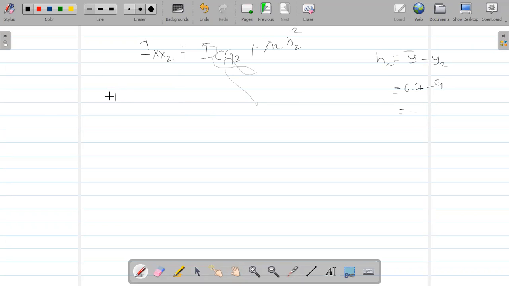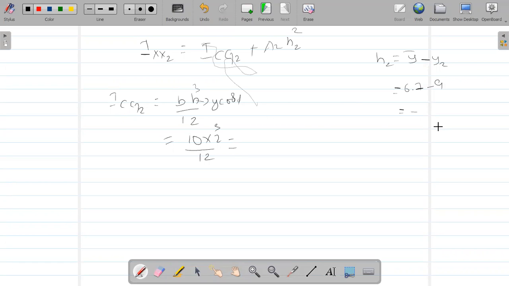Okay, then you will calculate ICG2. ICG2 is again bh cube by 12. So this should be taken as the y coordinate when you are doing about the x-axis. This is my x coordinate, so it is 10 into 2 cube divided by 12. So what is the answer you will get here?